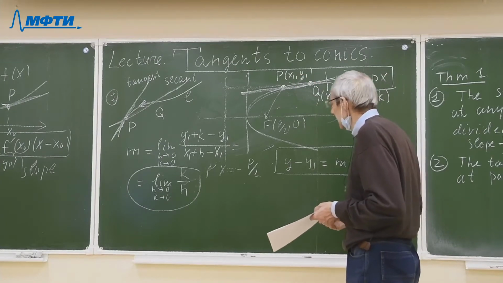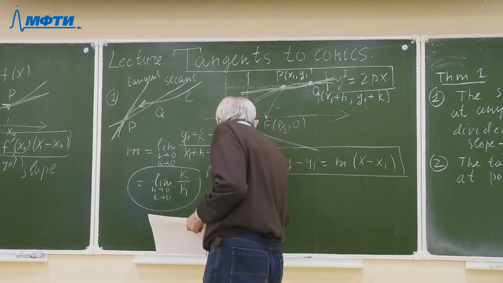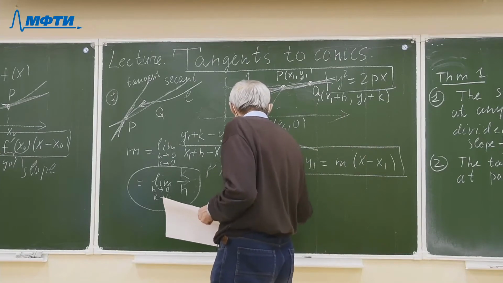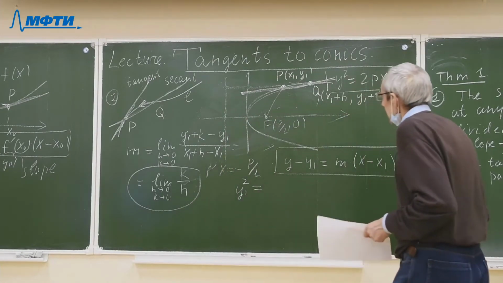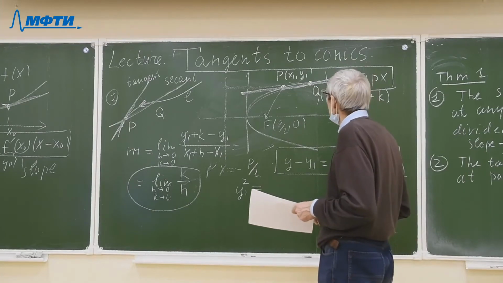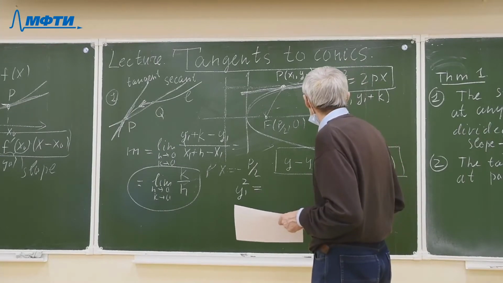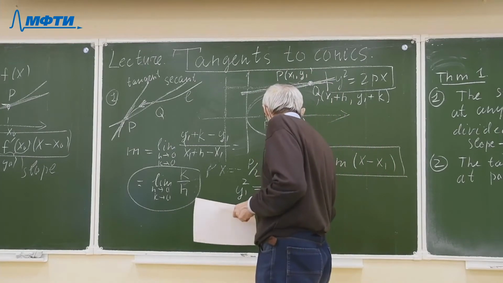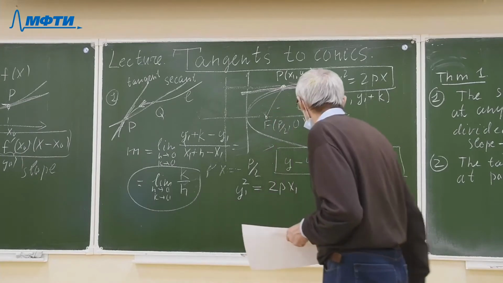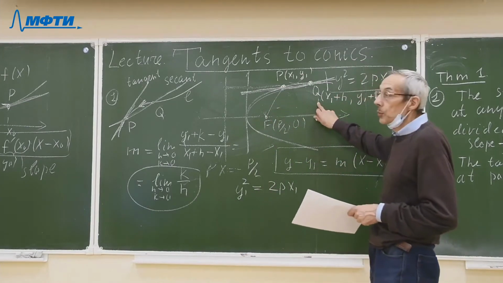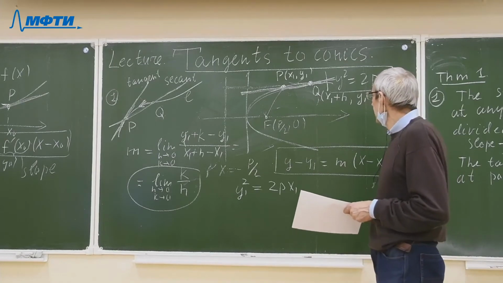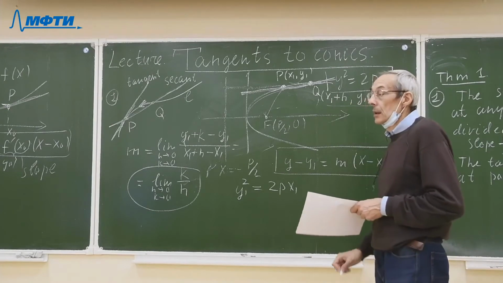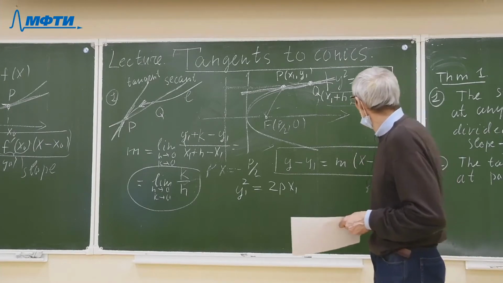And we have two equations which relate the coordinates x1 and y1. y1 square is equal to p x1. And also point Q lies on our parabola, and its coordinates also satisfy the equation of the parabola.